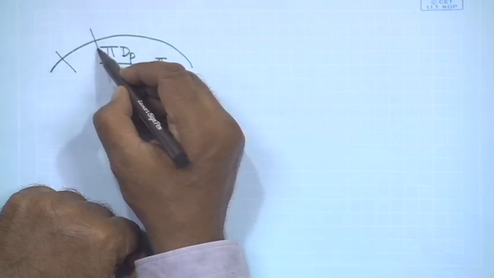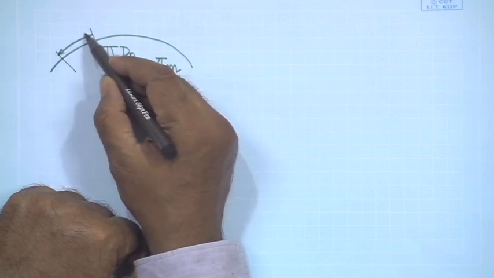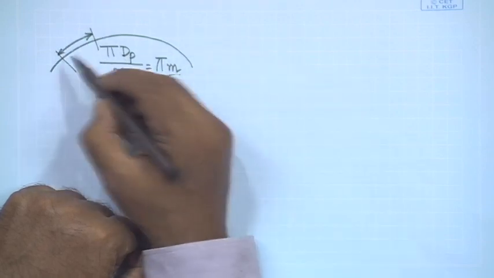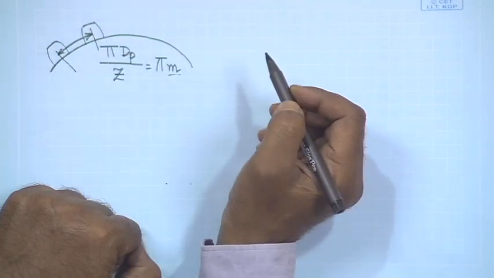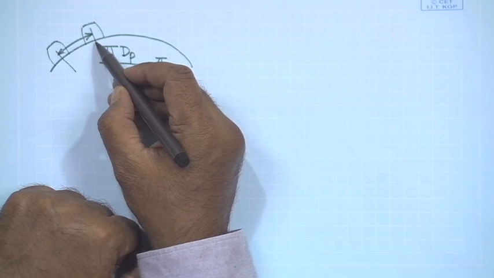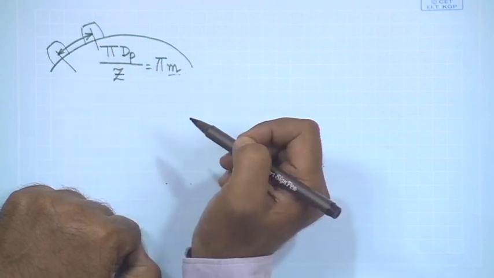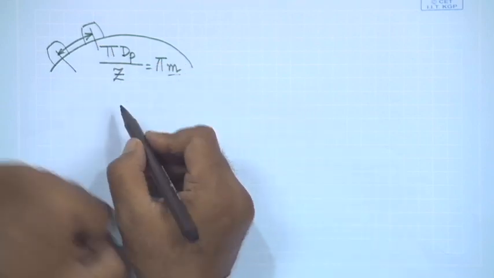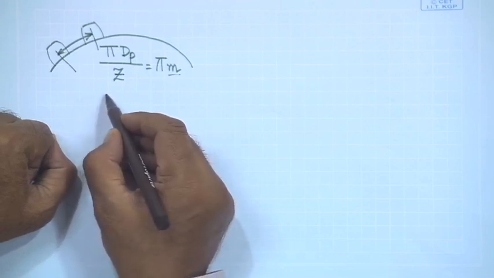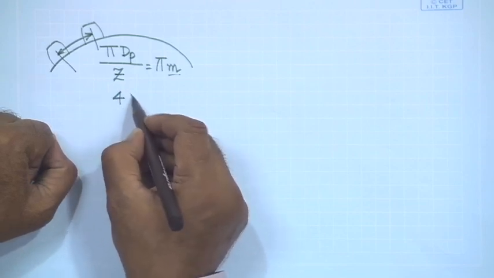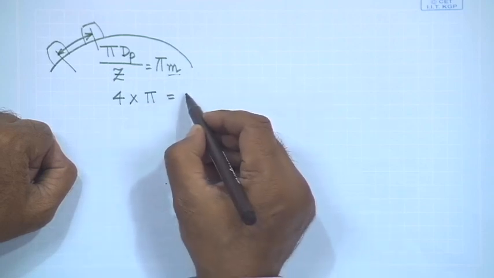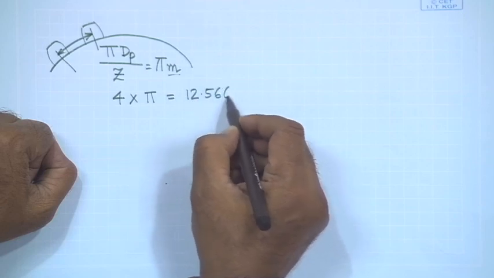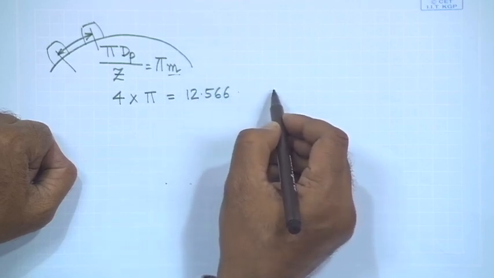This is the distance that we are talking about. These are the 2 teeth. This has to match with the normal pitch of the hob, and therefore, what is the module? 4 module, 4 multiplied by pi. This one will have to be equal to the normal pitch, and this is equal to 12.566 and some trailing numbers.